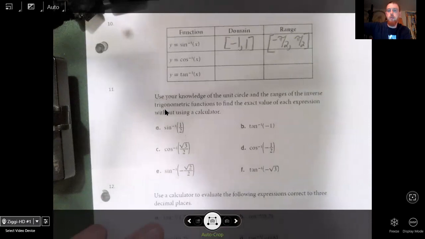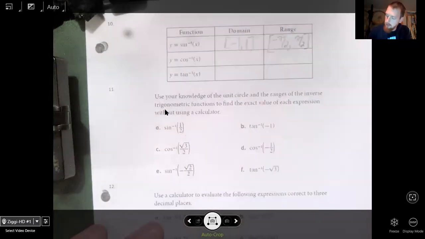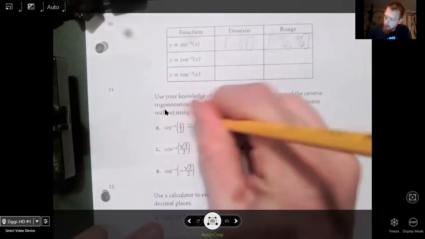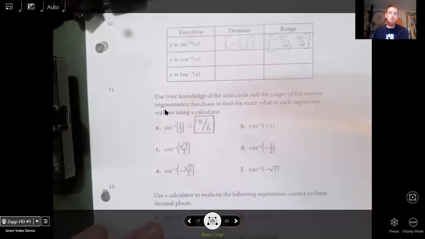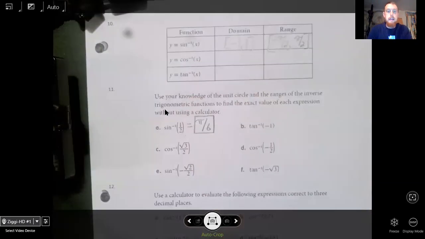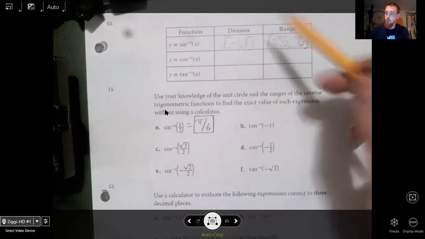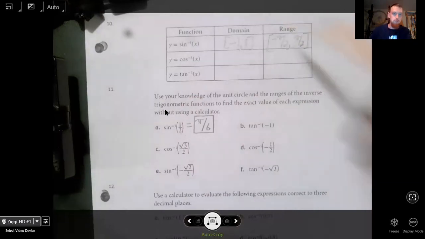Well, 5 pi over 6 is bigger than pi over 2, so we don't get to use that as the answer. The answer is pi over 6. When you're evaluating an inverse sine, inverse cosine, or inverse tangent expression, you're only going to have one answer that's in the appropriate range for your inverse trig function.